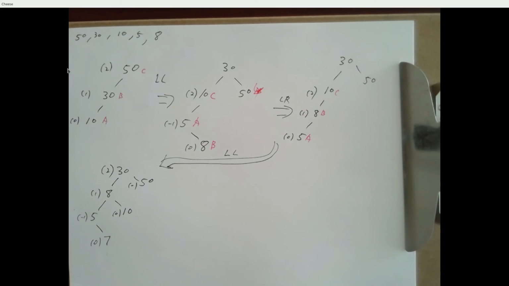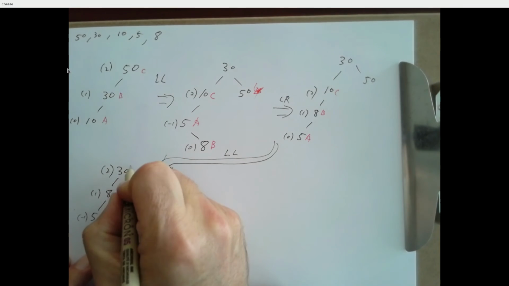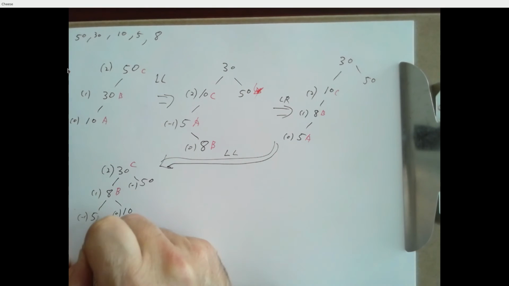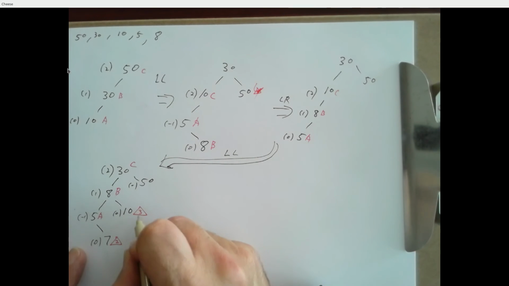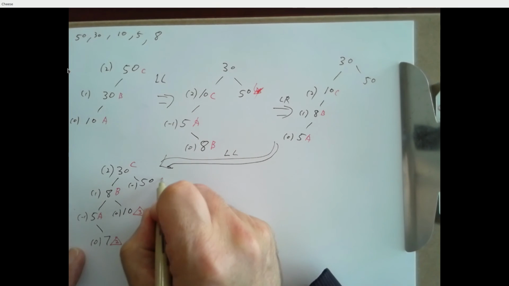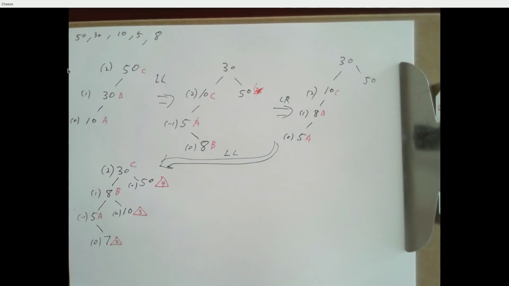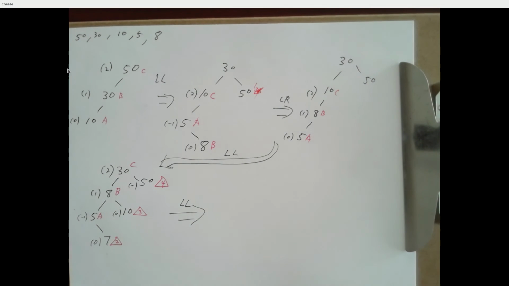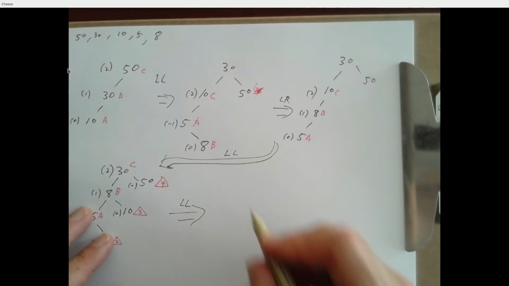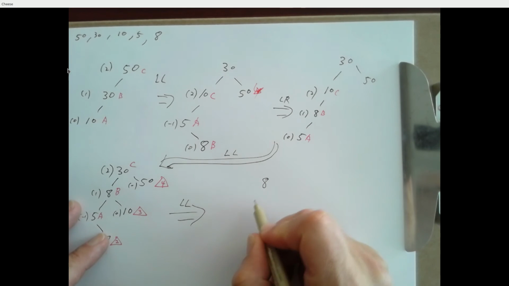So let's go ahead and label these. This is C, this is B, this is A, this is subtree 2, this is subtree 3, and this is subtree 4. And so that should be changed into a new tree. I really don't know if this is going to work or not.